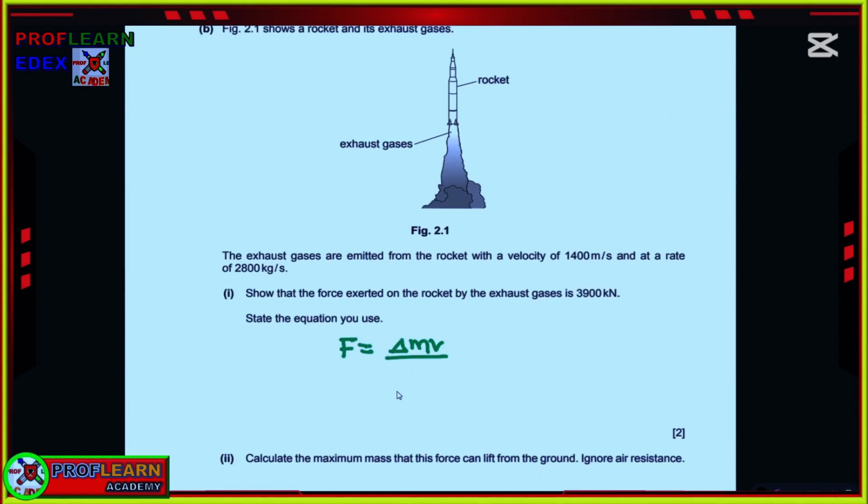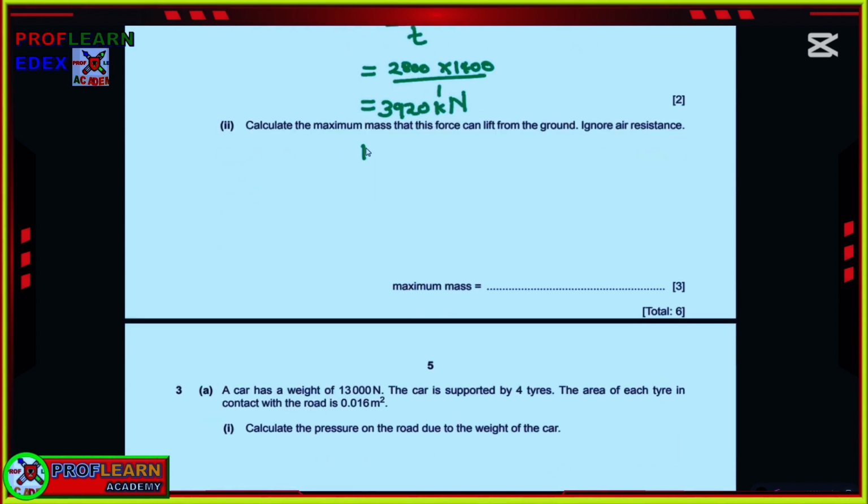Since impulse is Ft, equal to change in momentum, and momentum is mv, if we divide by t on both sides we get this formula. We substitute 800 and 1400, divided by 1, because we are talking of 1 second, and that becomes 3920 kilonewtons.